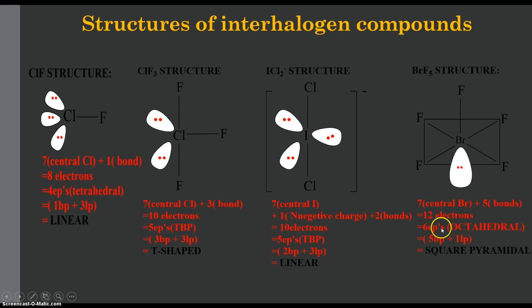So 6 electron pairs means the structure should have been octahedral, but due to the presence of one lone pair among these 6 electron pairs, 5 are bond pairs. In the structure there are 5 bond pairs and one lone pair, and lone pair is not going to contribute in this structure. So the structure will be due to these 5 bond pairs. The structure should have been octahedral, but actual structure is going to be square pyramidal.